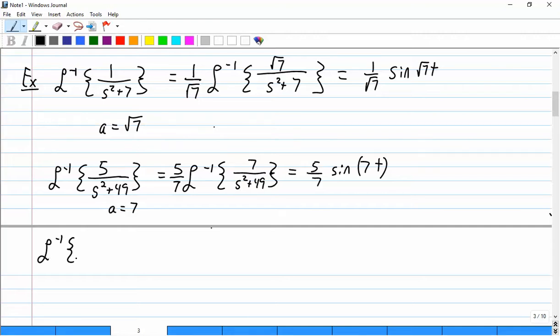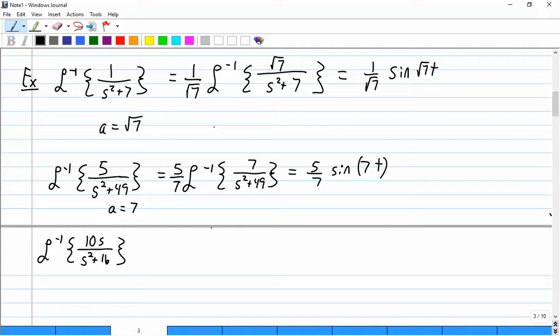All right, the inverse Laplace transform of 10s over s squared plus 16. So would that be a cosine?